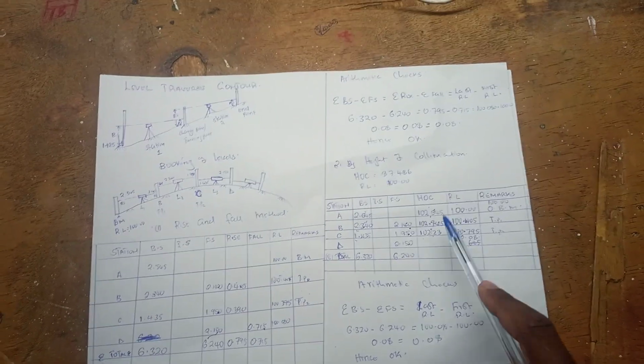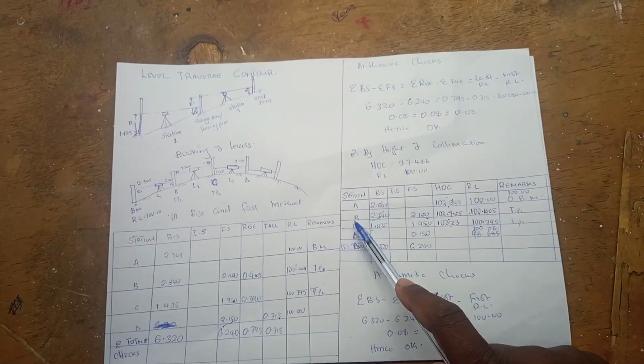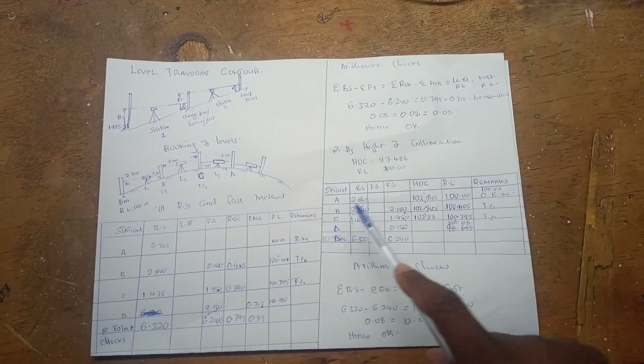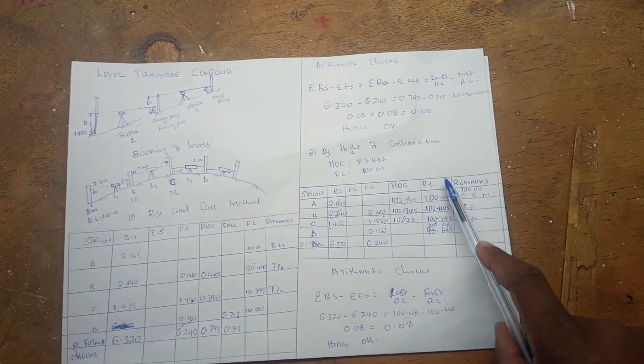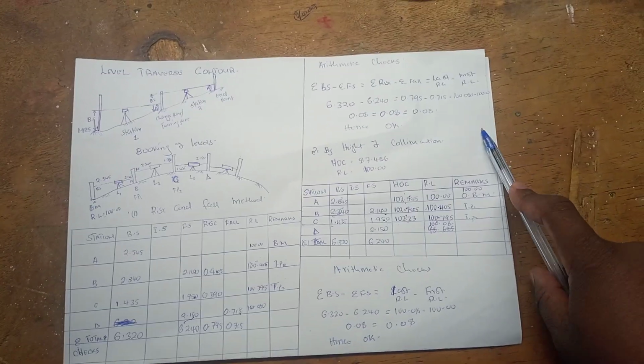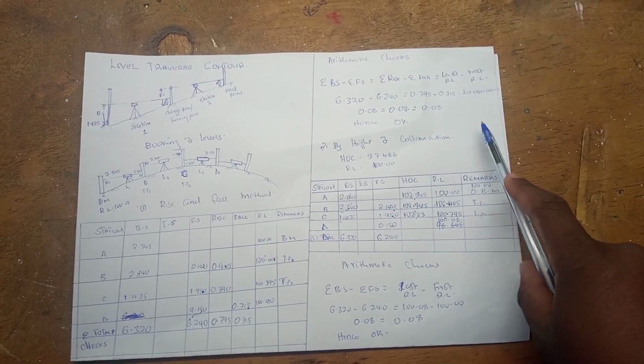Hope you are understanding. Now for point C, we need to look for a height of collimation and also the reduced level, using the same procedure.